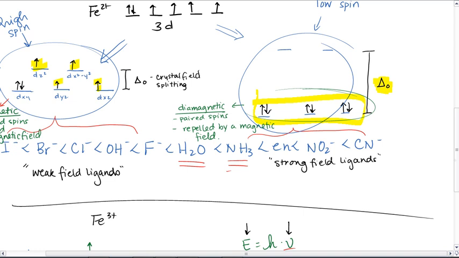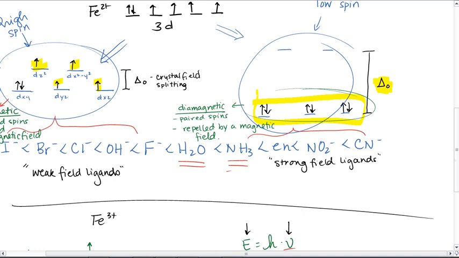And zinc and cadmium and mercury have completely filled d orbitals. So many scientists will say those are not transition metals at all. Zinc is completely filled. There is nowhere for electrons to move. So it's not going to be able to absorb energy and therefore have a color associated with it. So not everyone is going to have that option. It has to have space to do that.